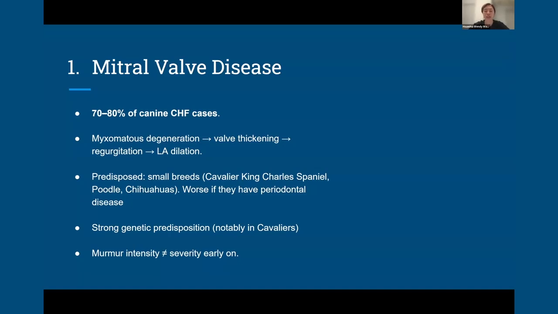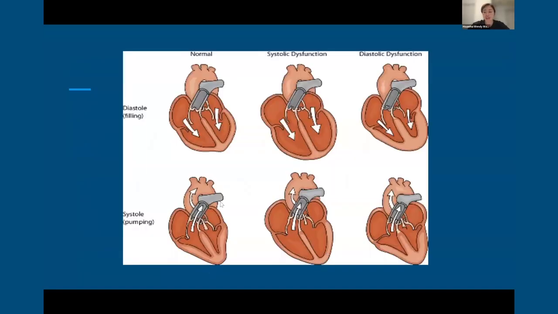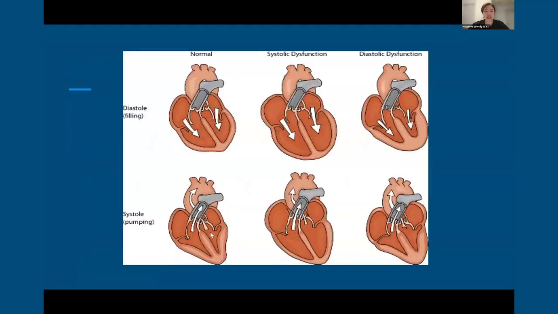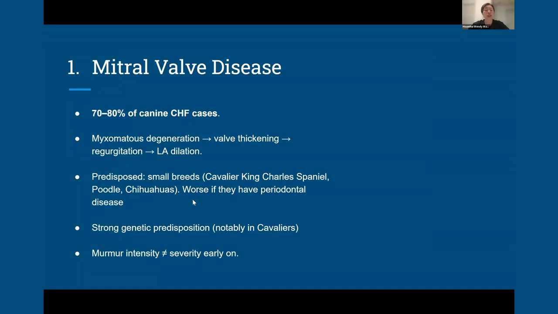There's regurgitation during the systolic portion, the pumping phase of the heartbeat, and then there is left atrial dilation. As you can see here, the atrium is very big. That means the heart isn't being efficient, not all the blood is going out, and then eventually congestive heart failure will happen.